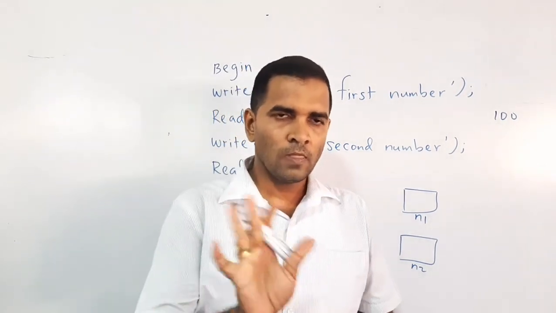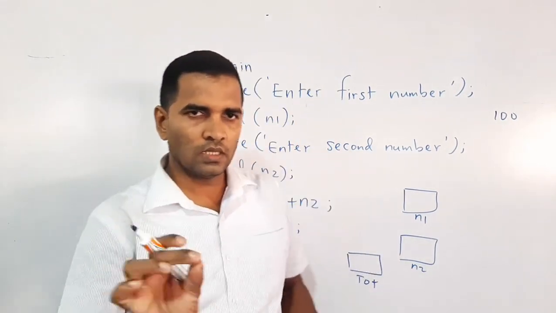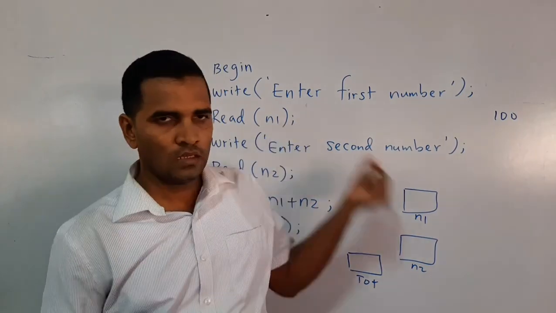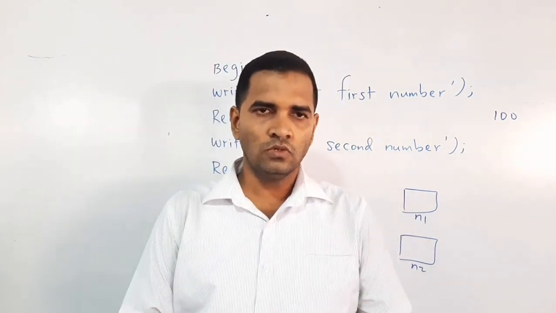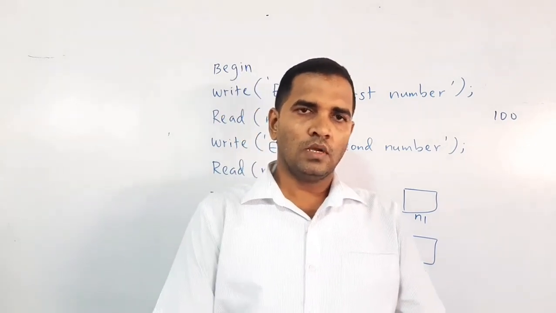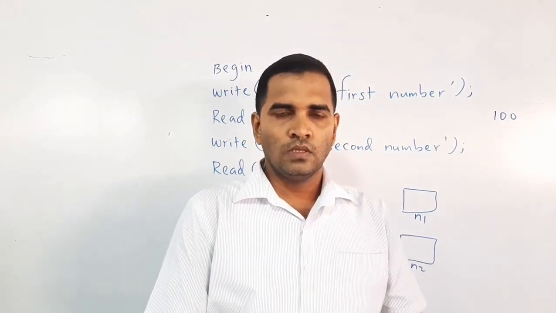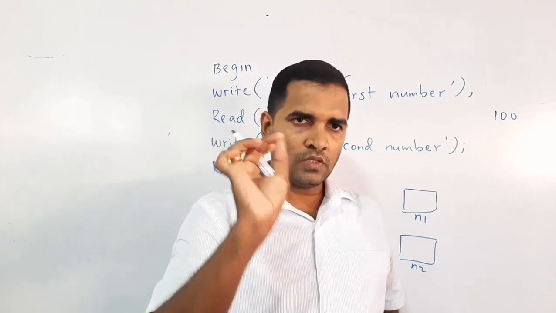So now, since the computer is unable to understand this line, it shows an error message to you, which means your program doesn't run hereafter. So we have to correct this problem.